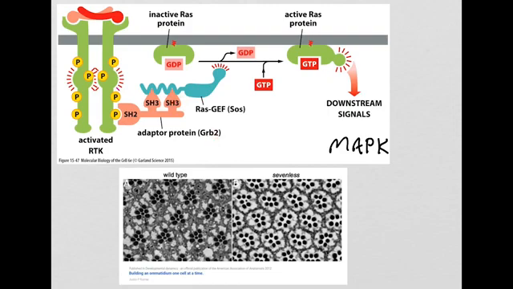The overall pathway is that growth factor binding triggers the dimerization and autophosphorylation of the cytoplasmic domain, which then recruits the SH2 domain of GRAB2, which by virtue of having 2 SH3 domains recruits SOS, which then activates RAS, and that ultimately leads to the MAP kinase pathway that we'll talk about in just a minute.